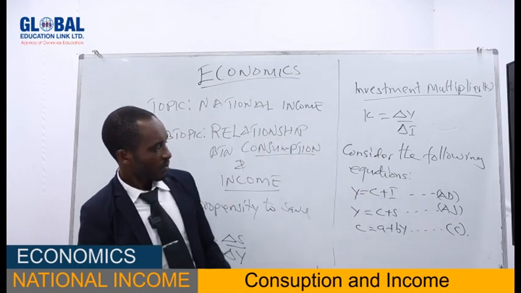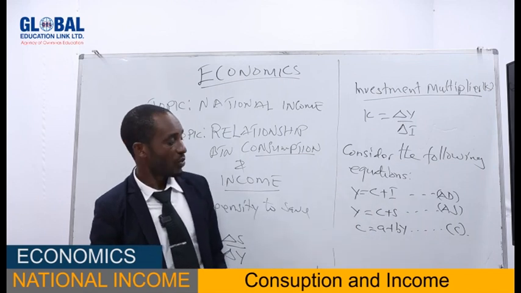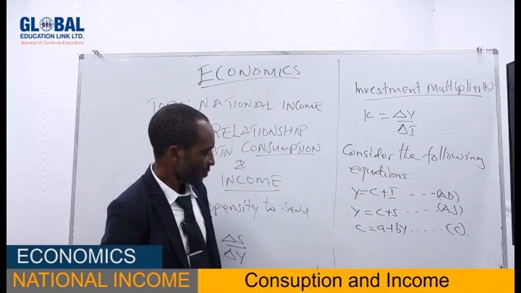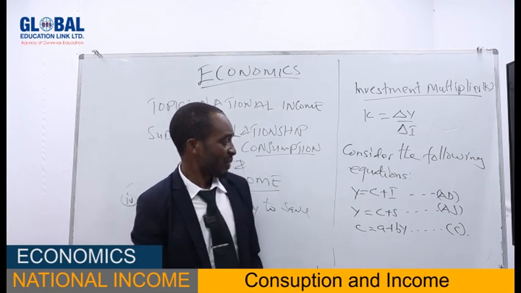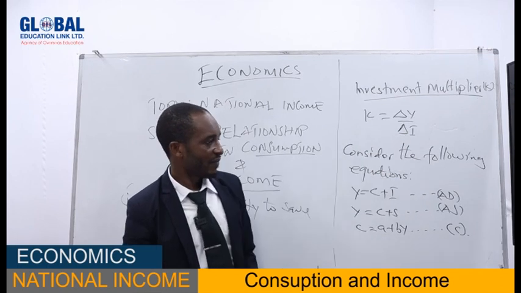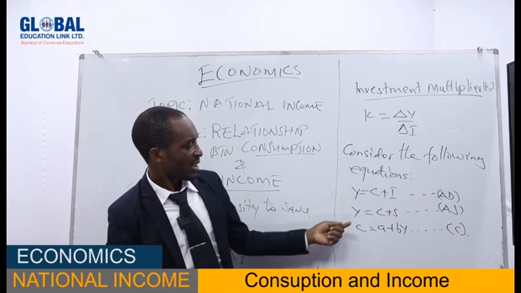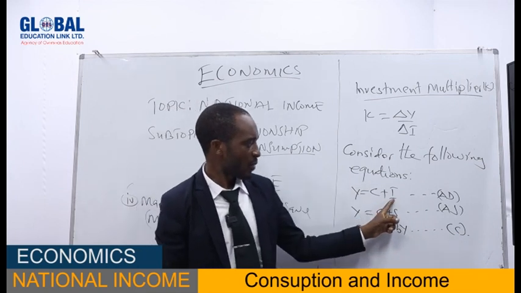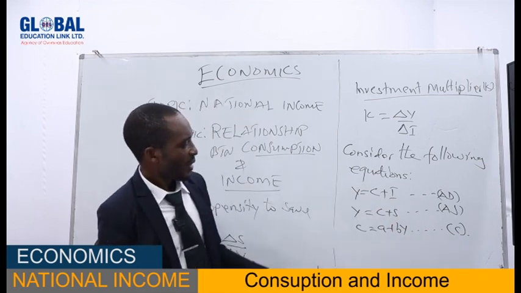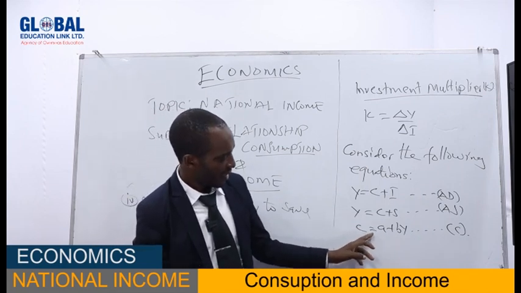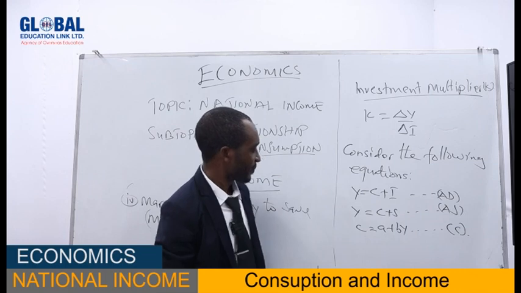From these three equations, we can derive the investment multiplier. As we said, the investment multiplier is the change in income as a result of change in investment. Now, let us consider this equation, which has the variable investment. At the variable C, you need to substitute the consumption equation.